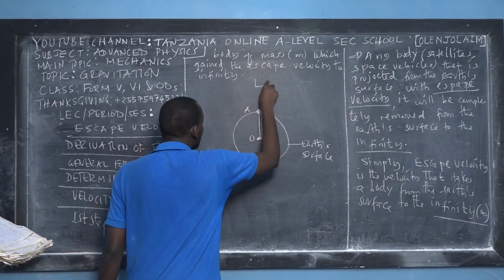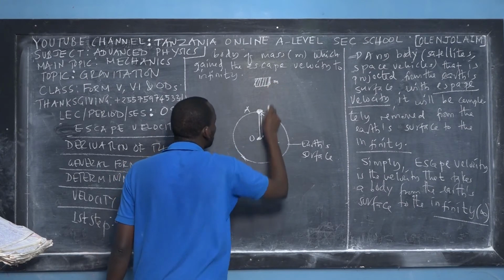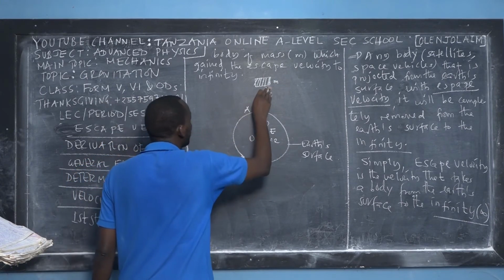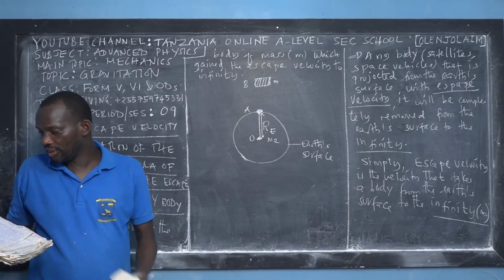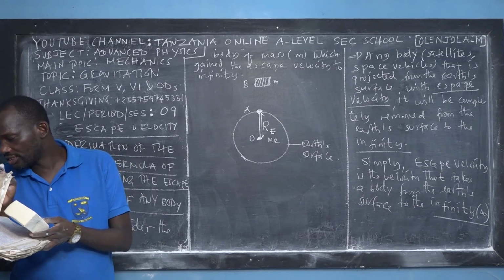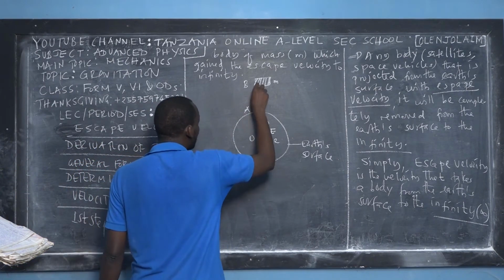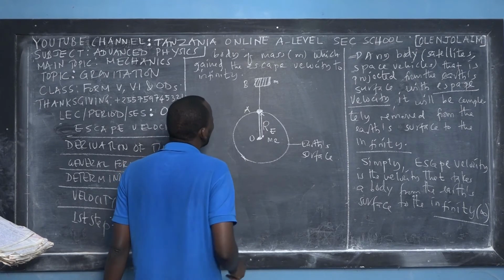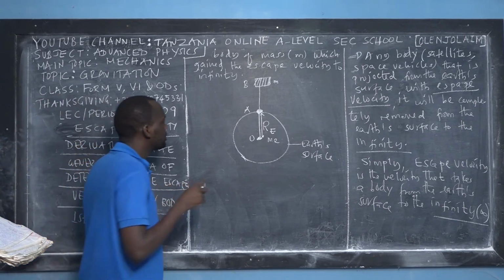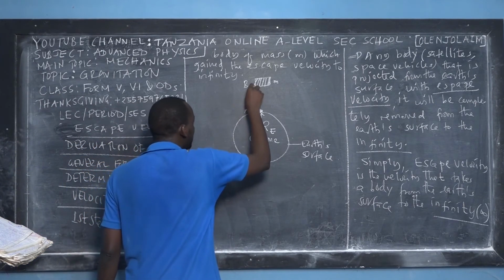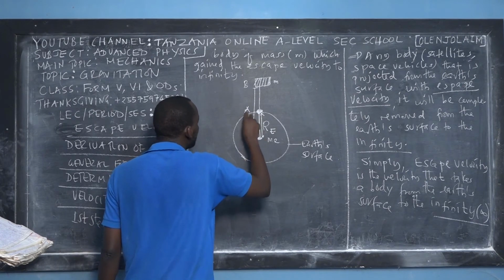Suppose that this is the point where we have our body of mass M. So this is point B. Then we have the distance from the center of the S to the infinity region. This distance, we call it x.